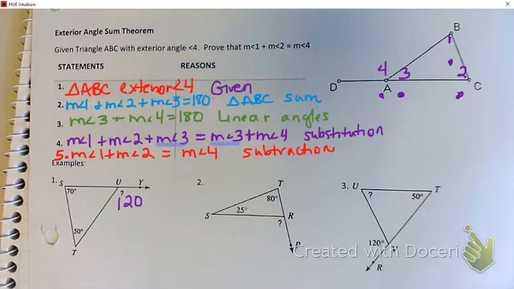So number 2. Here are the two angles away from our exterior angle. So what are we going to do? Add them together. You get 115, and then that's the answer. Okay, number 3. There's a couple ways to do it. One way that I like to do it is I first want to get this angle beside the 120.